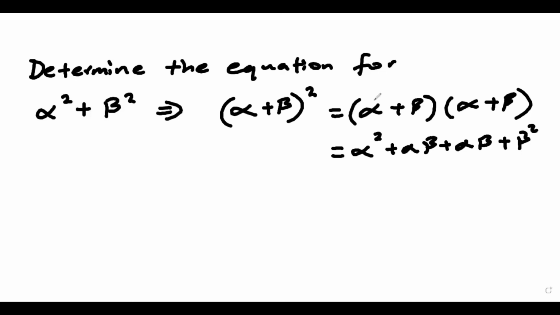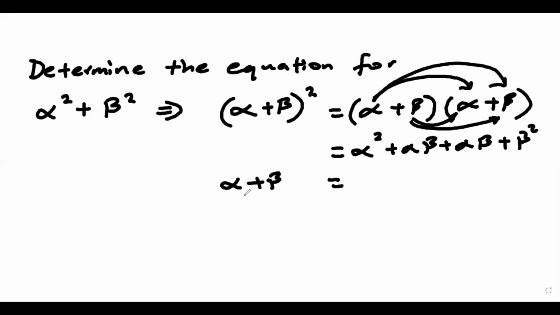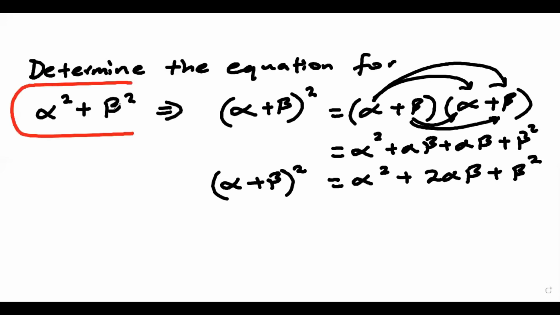So that's this times this, this times this, this times this, and this times this. So then you're going to get alpha plus beta all squared is equal to alpha squared plus 2 alpha beta plus beta squared. Now, based on this over here, which is alpha squared plus beta squared, you want this and this on a side by itself.